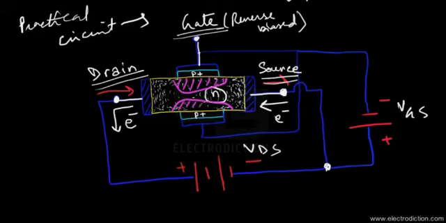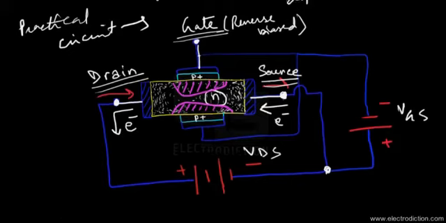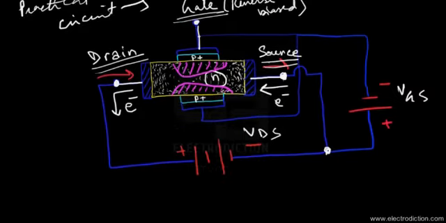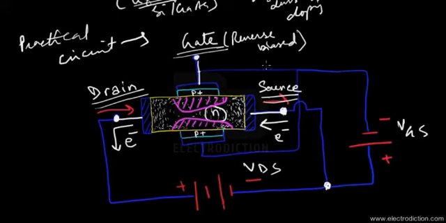As I said, this n-type semiconductor material is called a channel. This channel is the pathway for the flow of the charge carriers, electrons in this case. Due to the reverse bias voltage at the gate terminal, the depletion region forms deep into the n-channel.